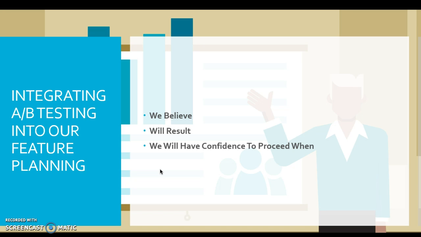For example, we believe that by increasing the size of the picture of the hotel room, or if we change this font size, or if we put this button in another position, it will result in a better customer conversion rate, and we will have the confidence to proceed. Then we're going to set the minimum conversion rate improvement that we want to see, so that we can move ahead and truly implement this and deploy it in a version.